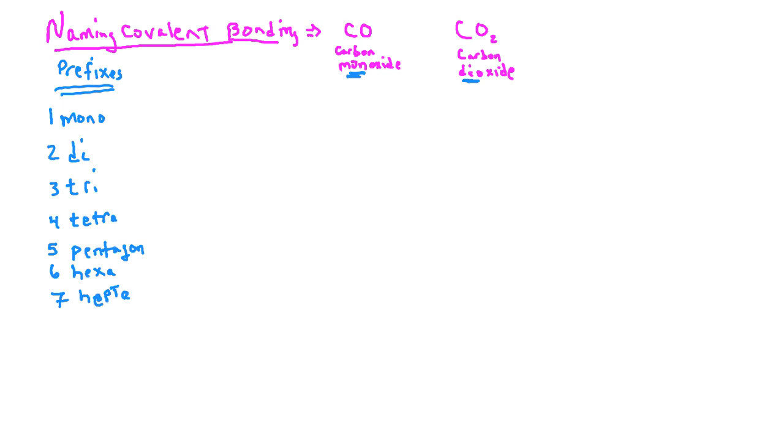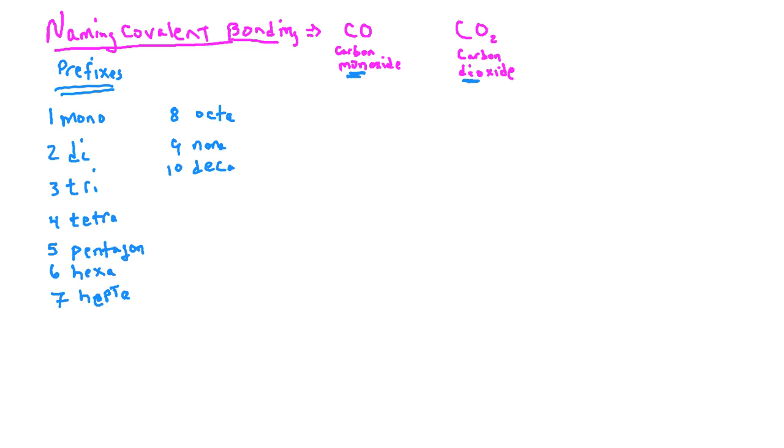Okay. 8 is octa. 9 is nona. And 10 is going to be deca. So I'll give you examples, and then hopefully you'll see what the pattern is. Okay, it's not too bad, not too bad.